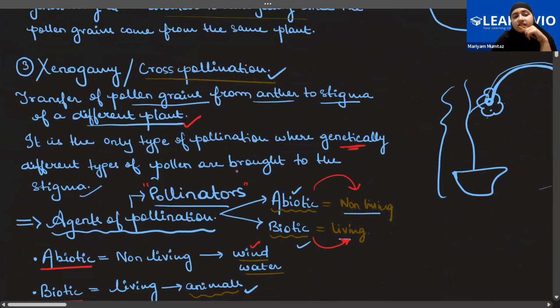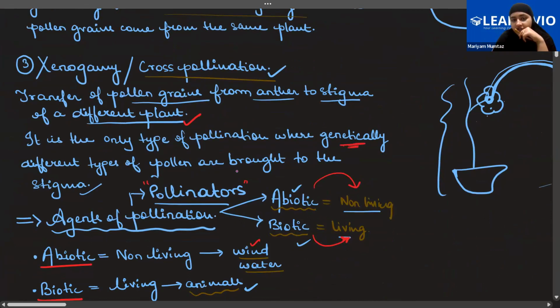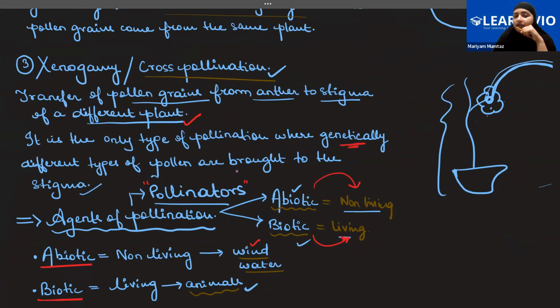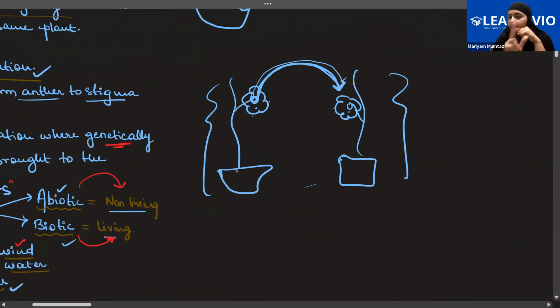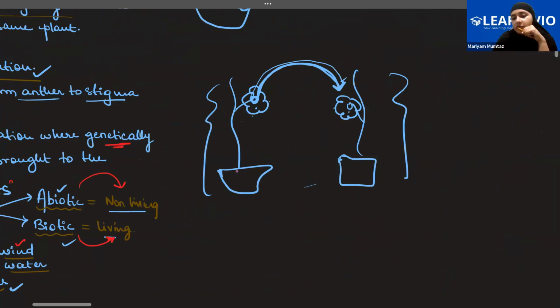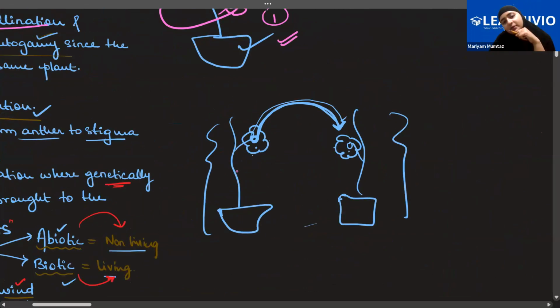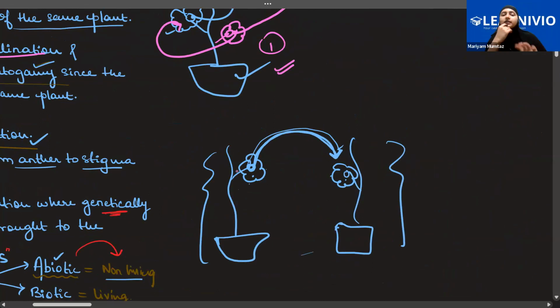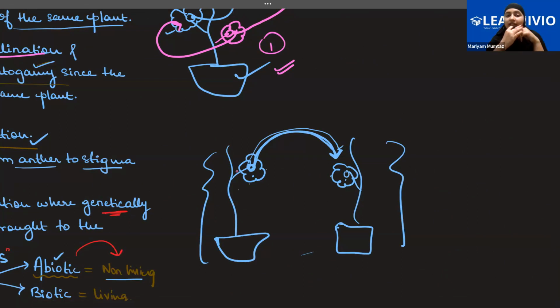Now talking about xenogamy or cross-pollination. Here, the transfer of pollen grains is from the anther to the stigma of a different plant. Two different plants are there and the transfer takes place. Now, this is cross-pollination. Clear? Pure cross-pollination. Now, tell me one thing. Out of all three kinds of pollination, which one will create new combinations of genes?